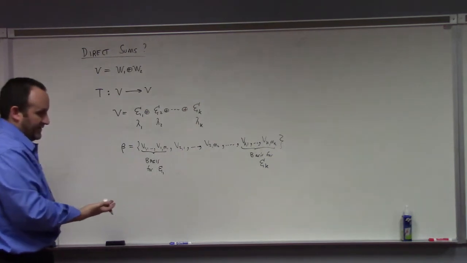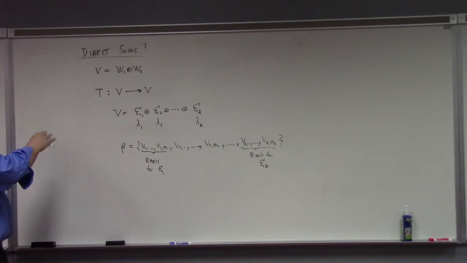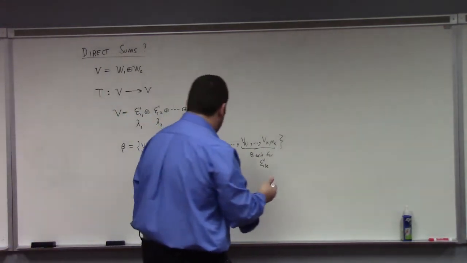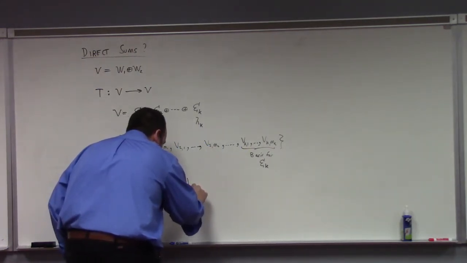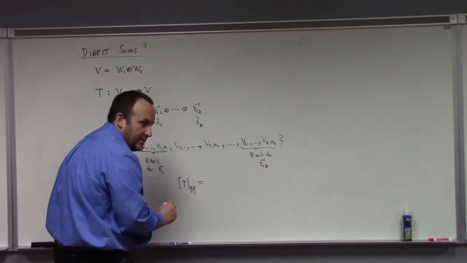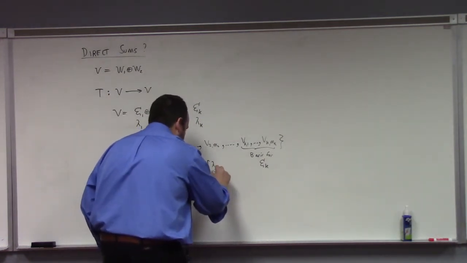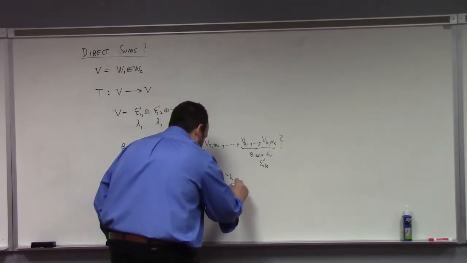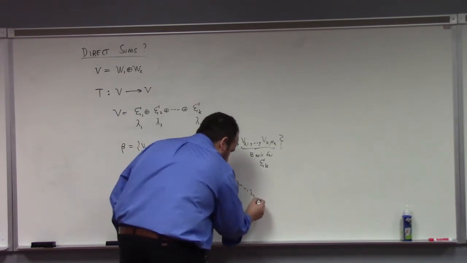So if you had this set up, it's interesting because if you make your whole basis a concatenation of the basis for each eigenspace, put them together like this, and then you look at the matrix for T with respect to a choice of basis like this, what it's going to look like is lambda 1, lambda 1, lambda 1, and then lambda 2, lambda 2, and so forth and so on.